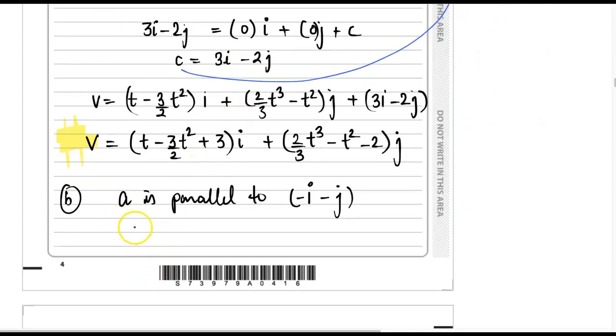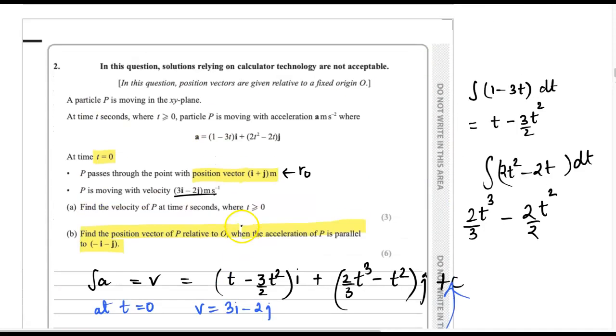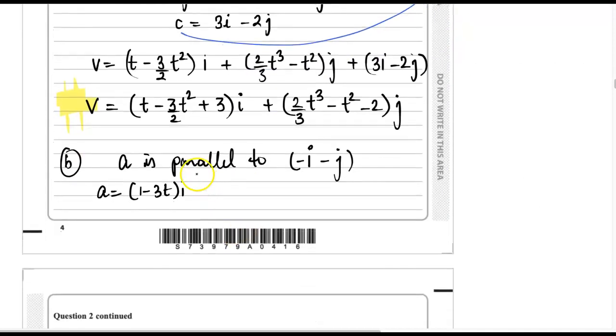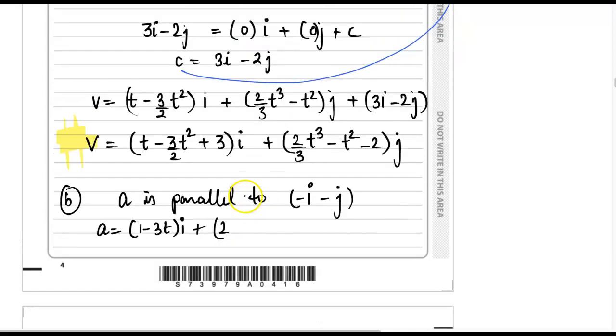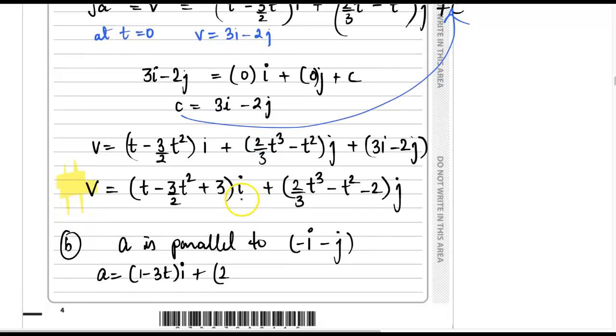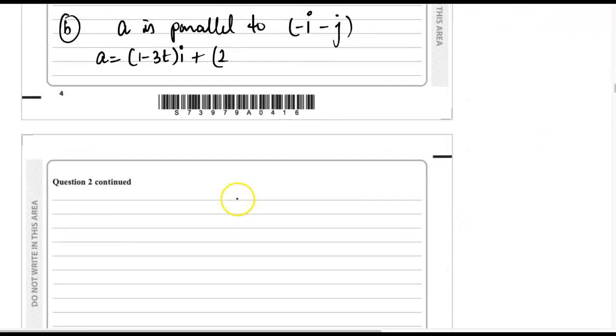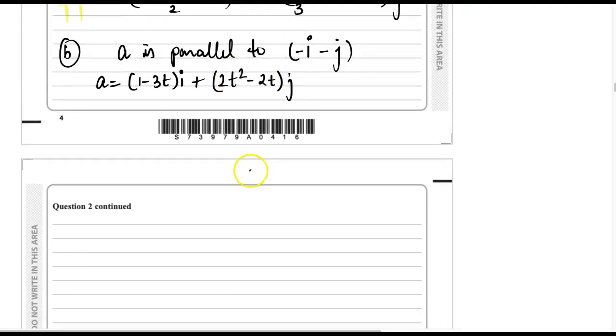So I'm going to be writing a is 1 minus 3t i plus 2t squared minus 2t j. So this is acceleration and it is parallel to that particular vector.